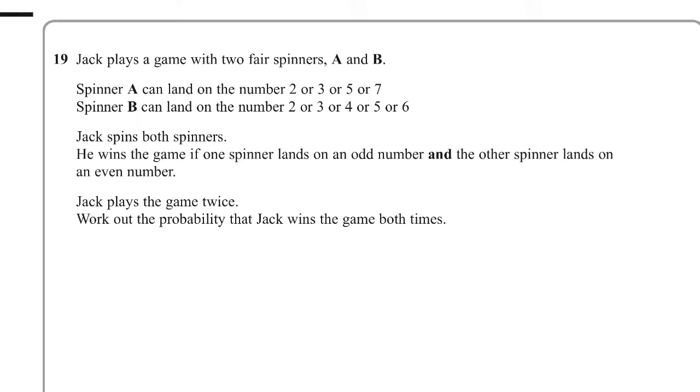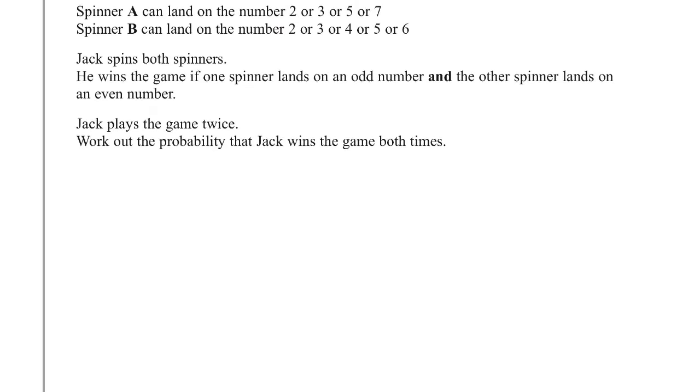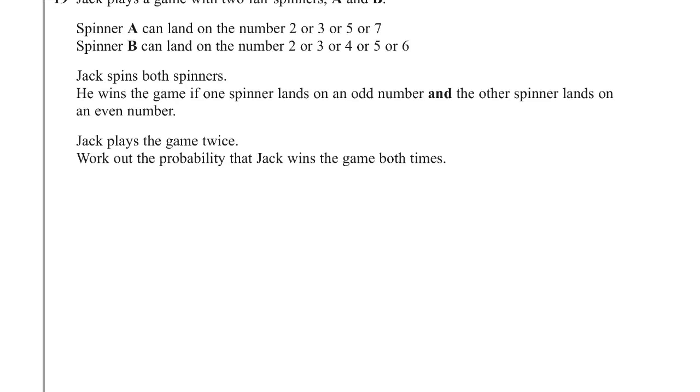I know that most of us here will be thinking of a tree diagram, but because of the large number of possibilities, I will go for a sample space diagram. So I'm just going to put the numbers here: 2, 3, 5, 7, and 2, 3, 4, 5, 6.